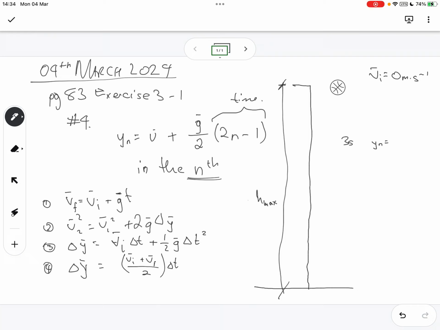So in the first 3 seconds, the displacement is y. Let's just make it y equals y3. We know its initial velocity was 0, and it's subject to acceleration due to gravity.